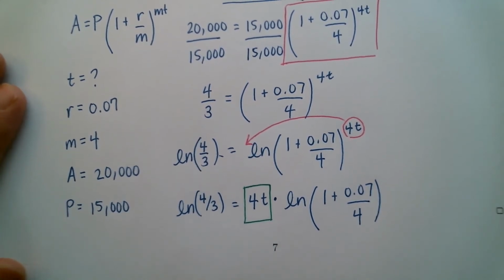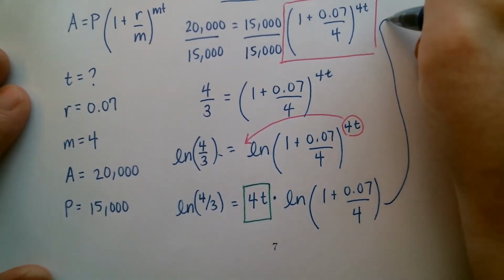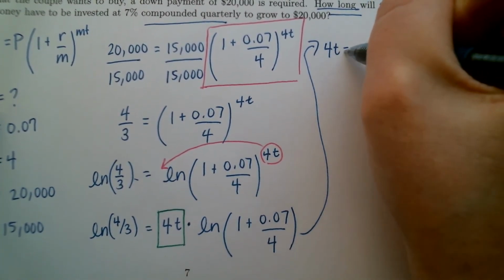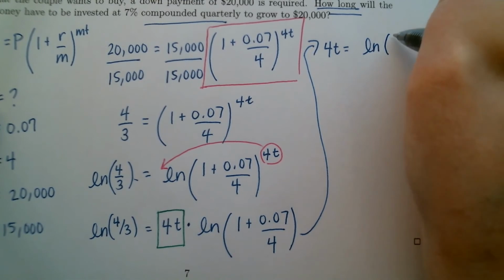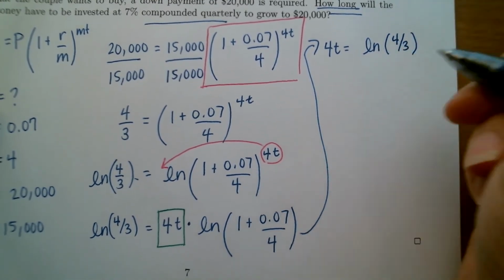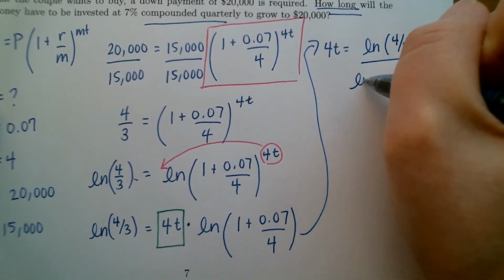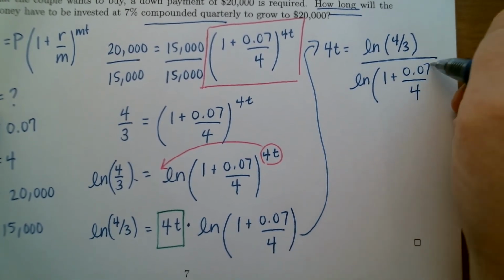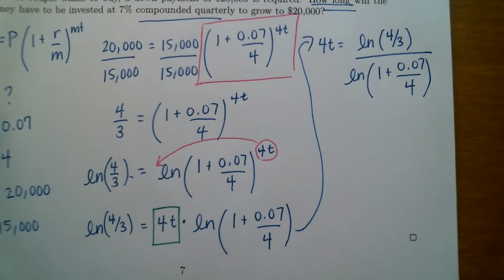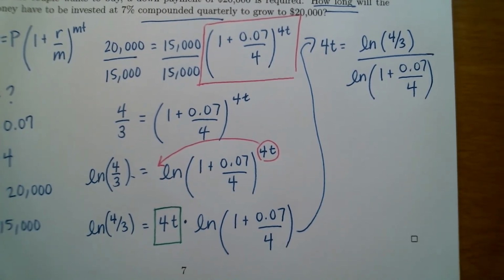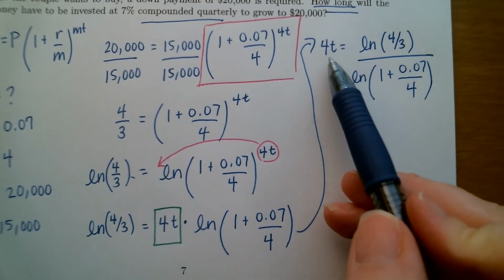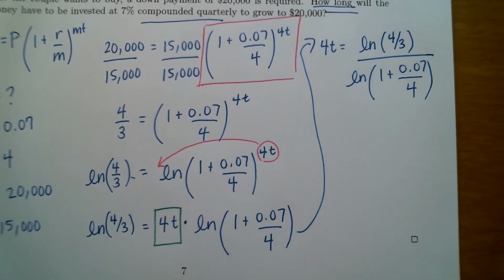So we'll do that in the next step. This is going to become 4t is equal to the natural log of 4/3 divided by the natural log of 1 plus 0.07 divided by 4. So now we're going to divide the two logarithms, and then that will give us a decimal for 4t, and then we'll go from there.